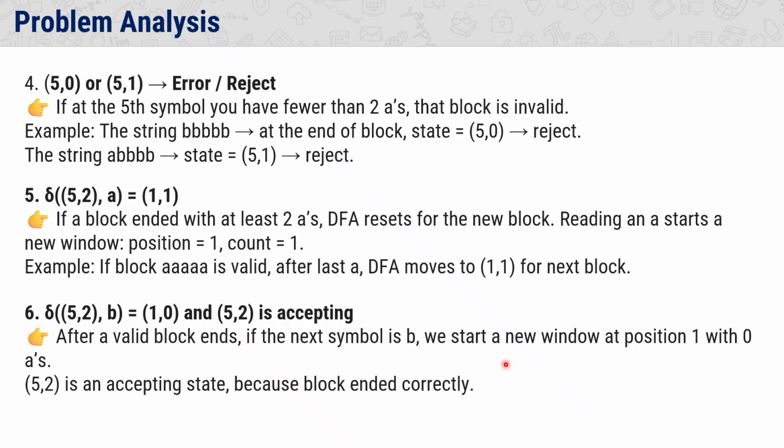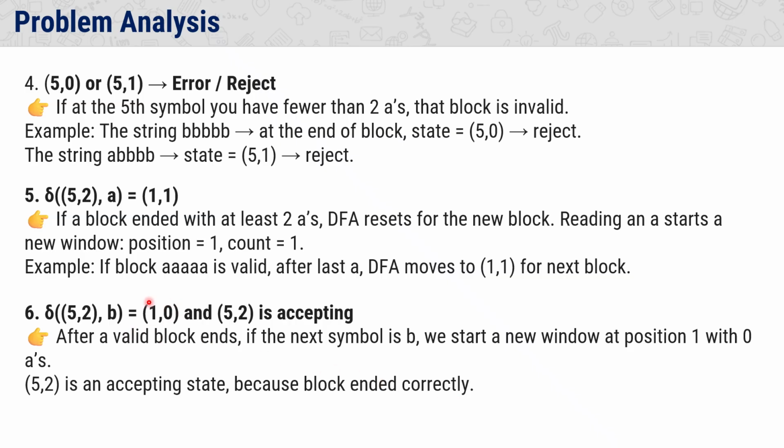The next symbol is B. We start a new position, a new window. That means the new position (1,0). So (5,2) is an accepting state, and (1,0) is the next state, because the block ended correctly, right?